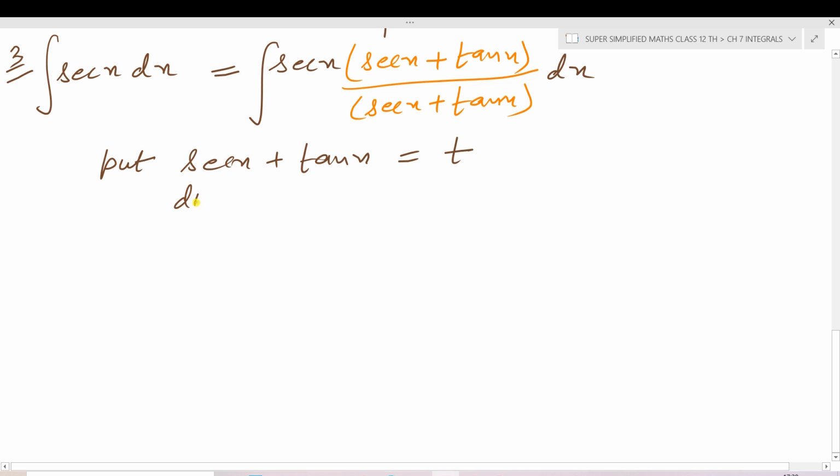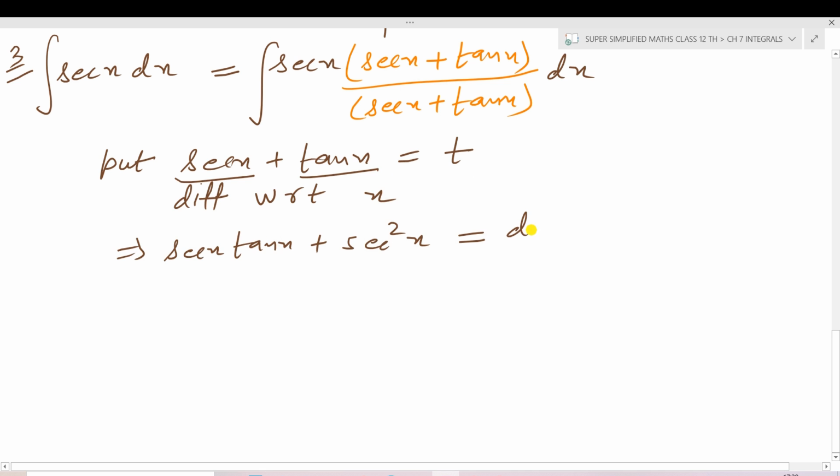Now differentiating both sides with respect to x, the derivative of secant x will be secant x tan x, the derivative of tan x will be sec square x, and the derivative of t will be dt by dx.